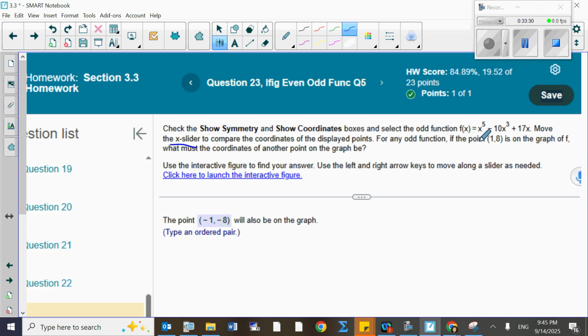It says if point 1.8 is on the graph, what must be the coordinates of another point on the graph? Well, we learned that if there's any point on this graph, there is the opposite of both of them, x and y, on the graph as well. Why? Because this is an odd function, because it has symmetry about the origin.